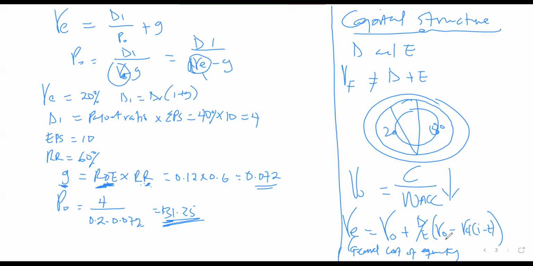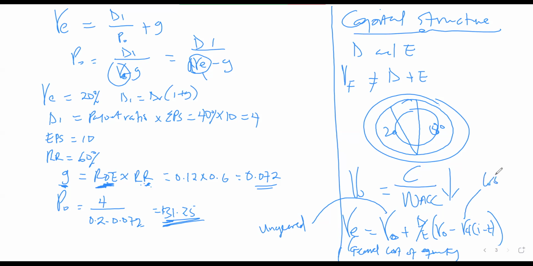Okay, so take note. When capital structure is changing and we are introducing debt to our capital structure, we should be able to look at the impact of that on the cost of equity. And RO here is the ungeared cost of equity or unlevered cost of equity. So that is the return to equity holders when the firm was all equity financed. But as soon as we introduce debt, we need to recalculate that to now get the return to equity holders when the firm is geared.